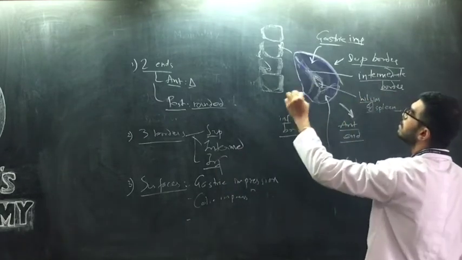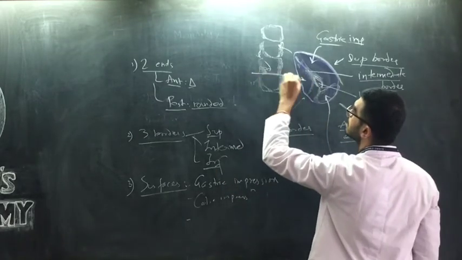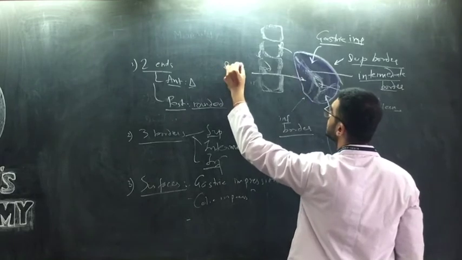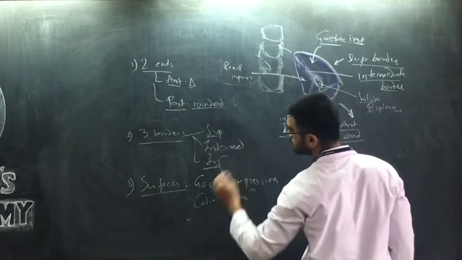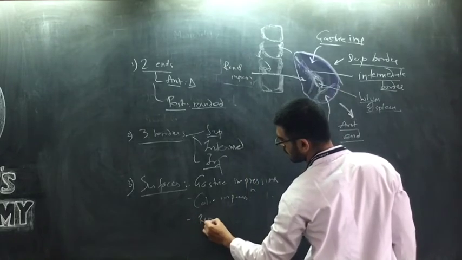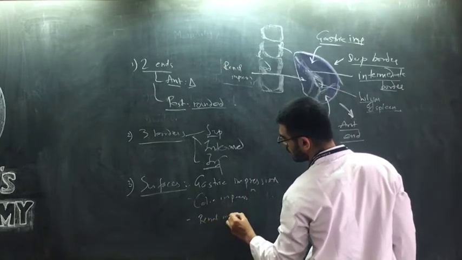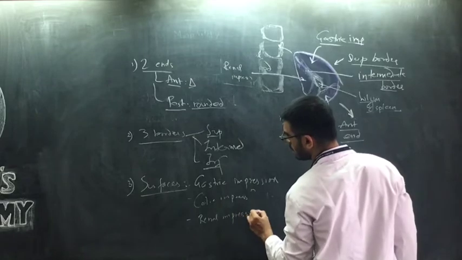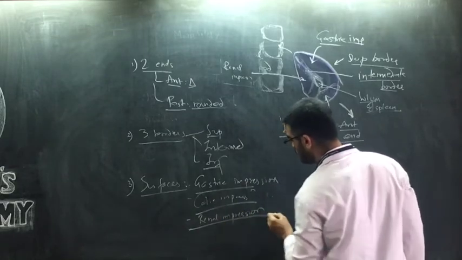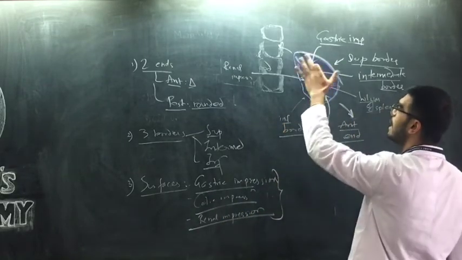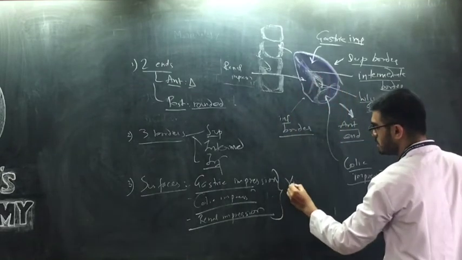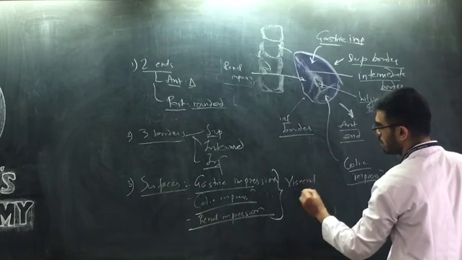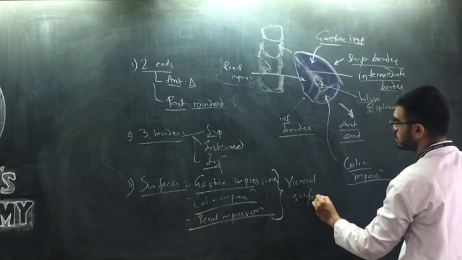This one is known as the renal impression. Okay? And all these impressions are essentially forming the surface that is in touch with the other organs. Hence, it is known as the visceral surface.